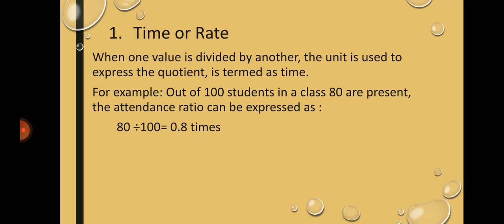We want to find the ratio of present students in the class. So 80 divided by 100 gives 0.8 times. Here the mode of expression is time or rate, so 0.8 times.